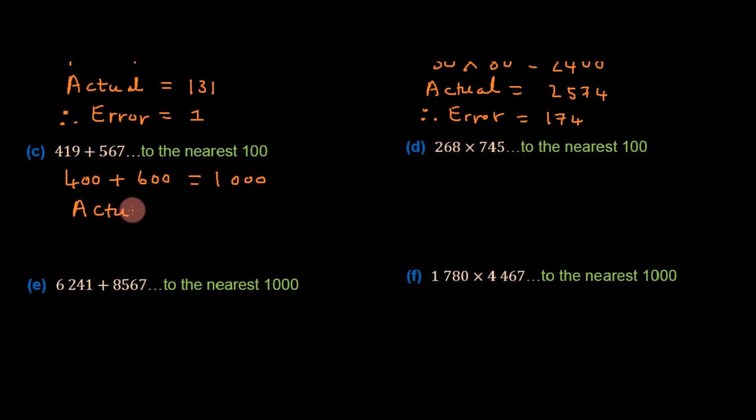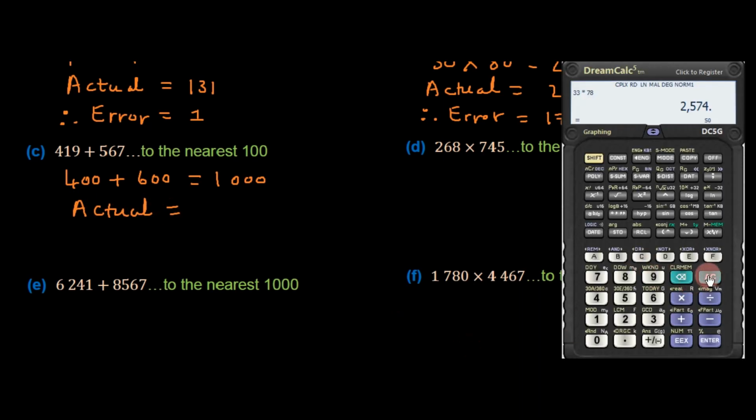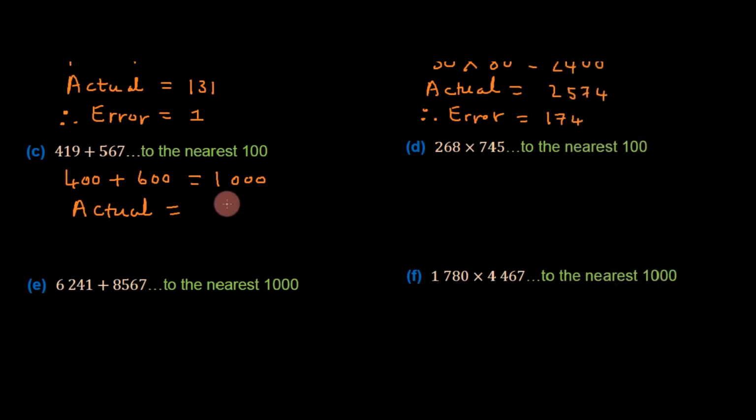Let's look at the actual, which is 986. And the error is the difference between the two, which in this case is 14.